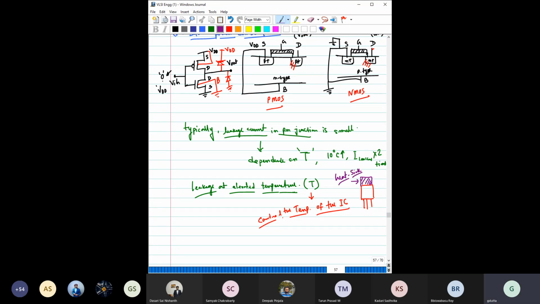Otherwise the junction temperature inside this device will be so high that your power dissipation will increase dramatically, and that will also deteriorate the performance of the device, because mobility is a strong function of temperature. If the temperature is increasing, mobility will also degrade drastically, right? So you should have a proper heat dissipation technique.